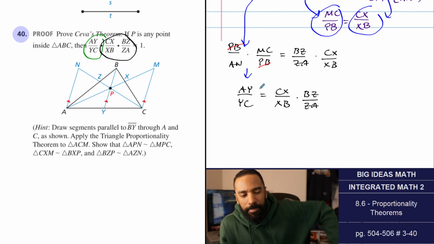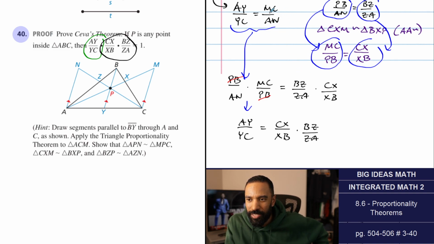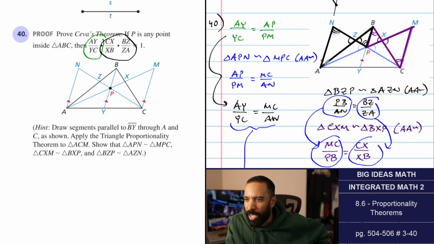The problem is, it looks like I have something reversed. MC over AN, if they equal each other, then dividing by this would give you 1, not multiplying by it. So what did I do incorrectly there?